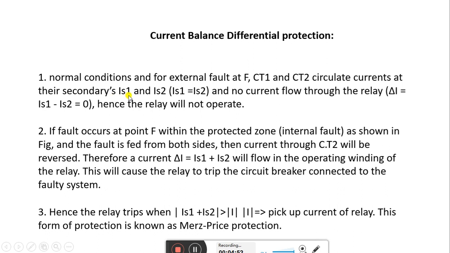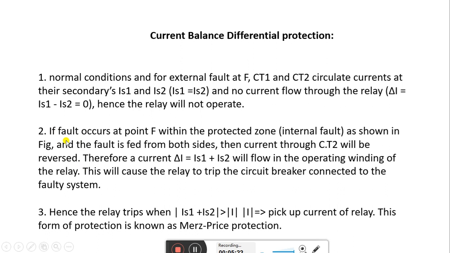These currents are IS1 and IS2, and if both currents are equal, then no current will flow through the relay. It means delta I equals IS1 minus IS2, which equals 0. Net difference will be 0, hence the relay will not operate. I have already discussed that, and we will see it with the help of a circuit diagram.